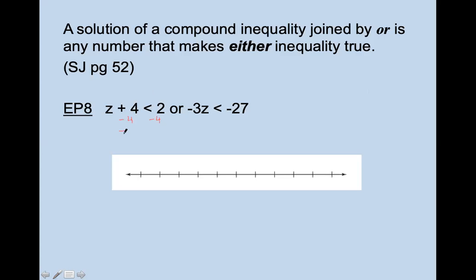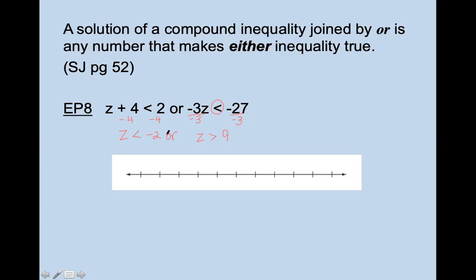All right, so one of my solutions is z is less than negative 2, or, and I need to solve the other one. In this case, I divide by negative 3, and I have to be careful. I'm dividing by a negative, so I have to remember to reverse the inequality. So z is, instead of being less than, greater than 9.